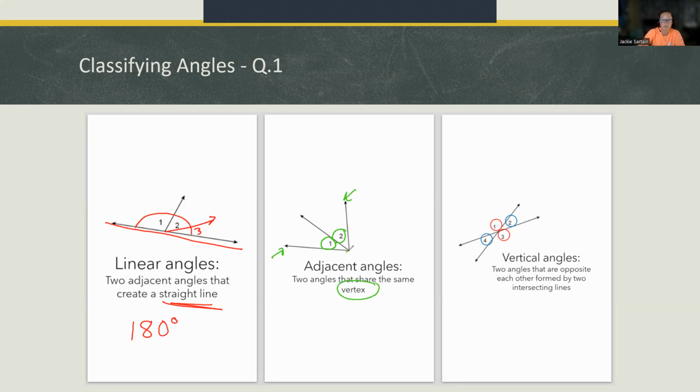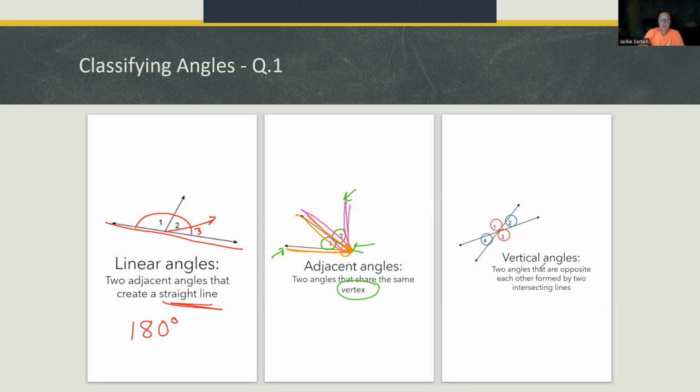Remember, the vertex is that point which the two angles share. Angle 2 consists of this line where it meets with our point for angle 1. They both meet right here. So adjacent angles are two angles that share the same vertex.